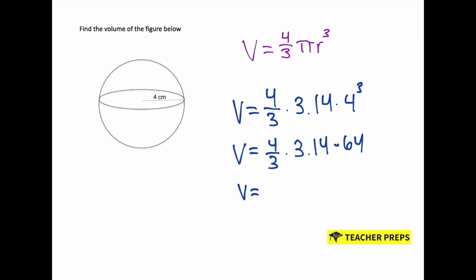Now grab a calculator and take 4/3 times 3.14 times 64. You could also take 4 times 3.14 times 64, and then divide that by 3. Rounding our answer, we should get about 267.9 cubic centimeters.